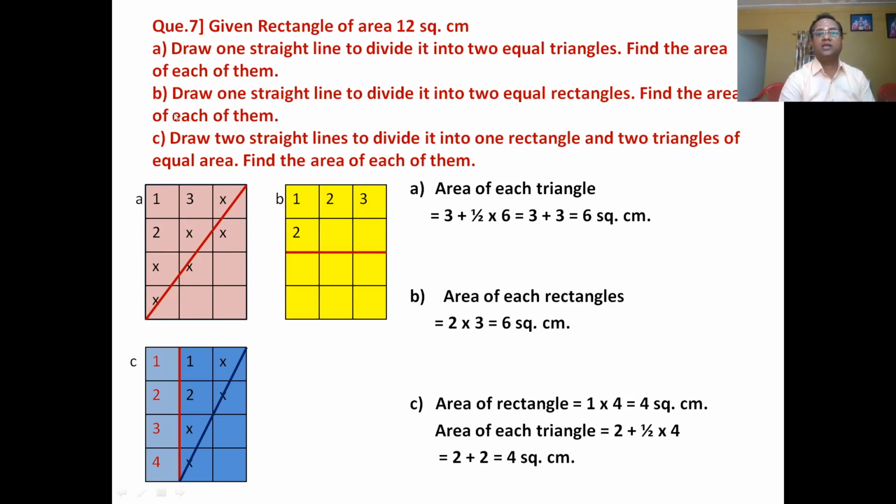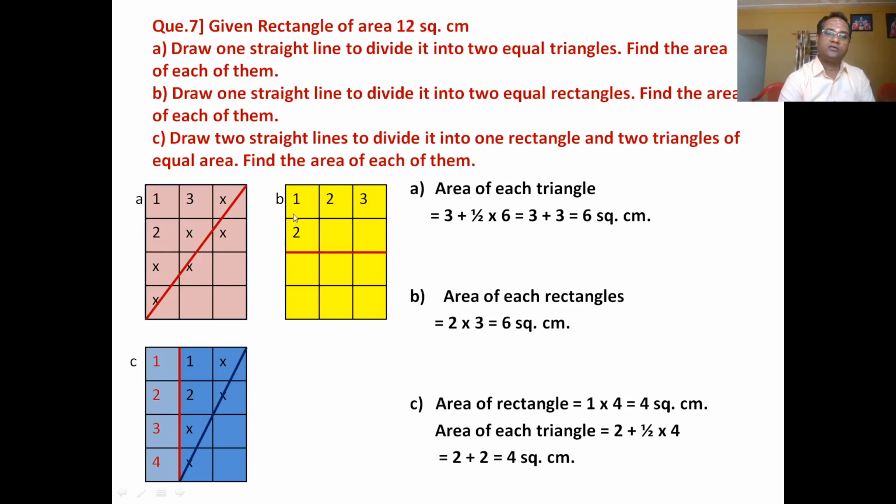Part B says you have to draw one straight line to divide this rectangle into two smaller rectangles and find the area of each of them. Since there are 4 squares on this edge, half of 4 is 2.